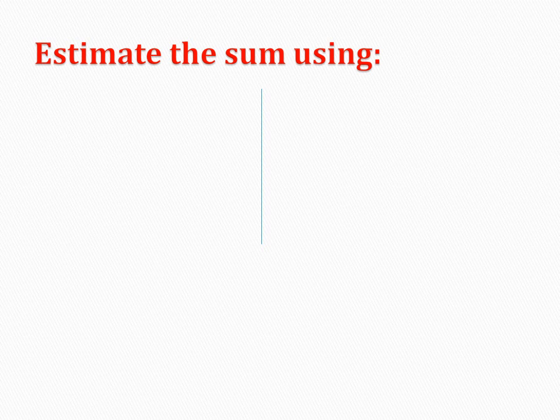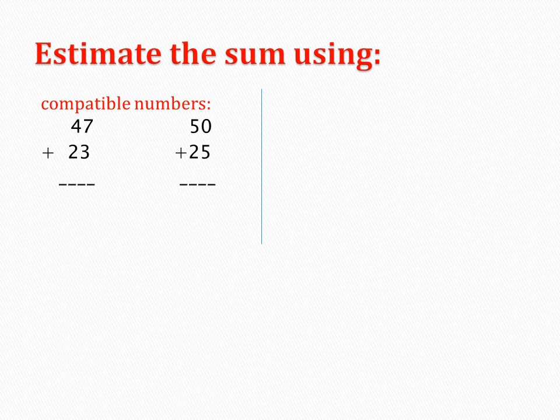Do you want to practice more estimating the sum? Let's estimate the sum using compatible numbers. 47 plus 23 equal.